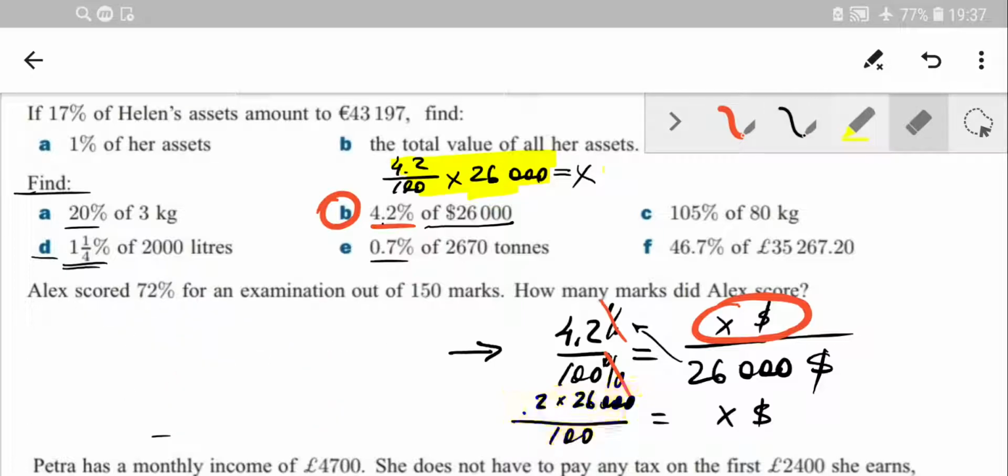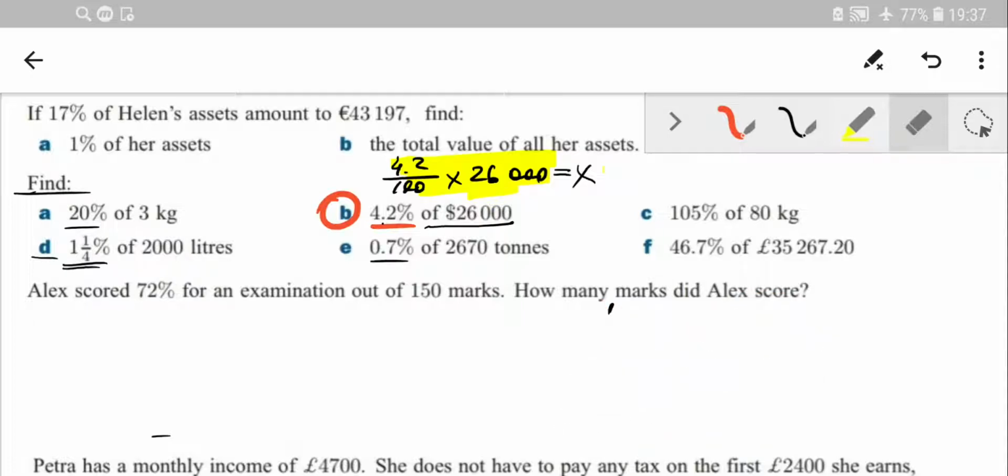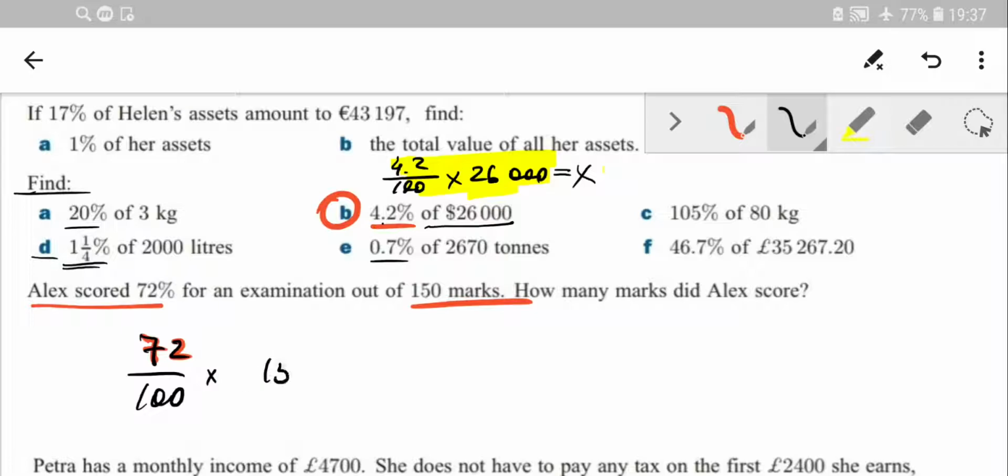So I erase that, and let's complete this task here about Alex. Alex scored 72 percent for an examination out of 150 marks. So how many marks did Alex score? Because he scored 72 percent, I will use direct methods: 72 over 100 and simply apply it to 150 marks.